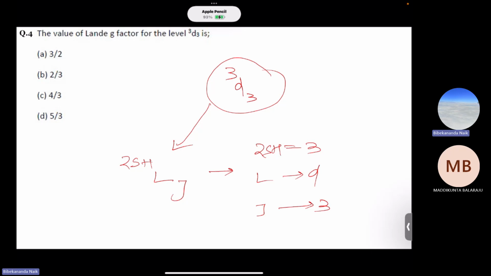So if we solve this question, the question says the value of Landé g factor for the level 3D3 is. The options are option A 3 by 2, option B 2 by 3, option C 4 by 3, and option D 5 by 3. Now let's derive the expression for the Landé g factor, then we will put in the values.